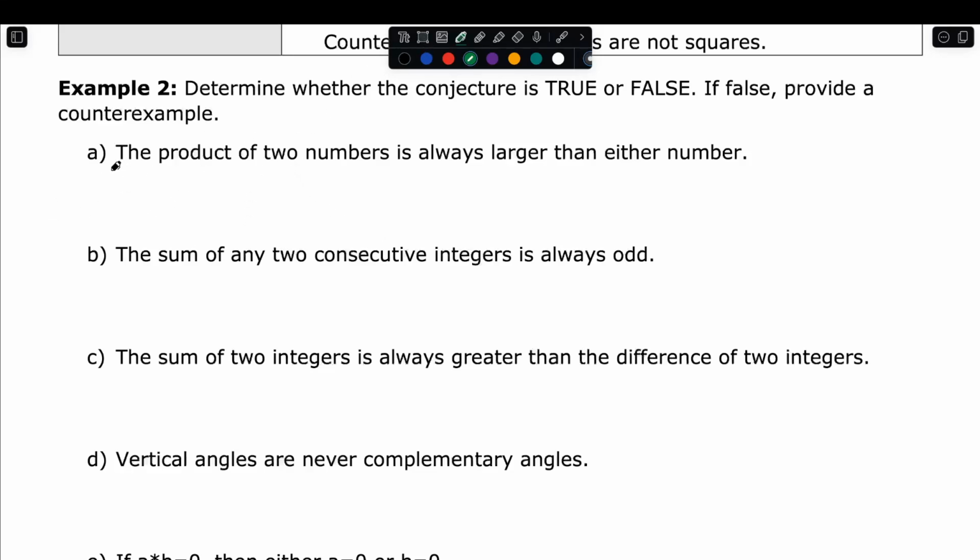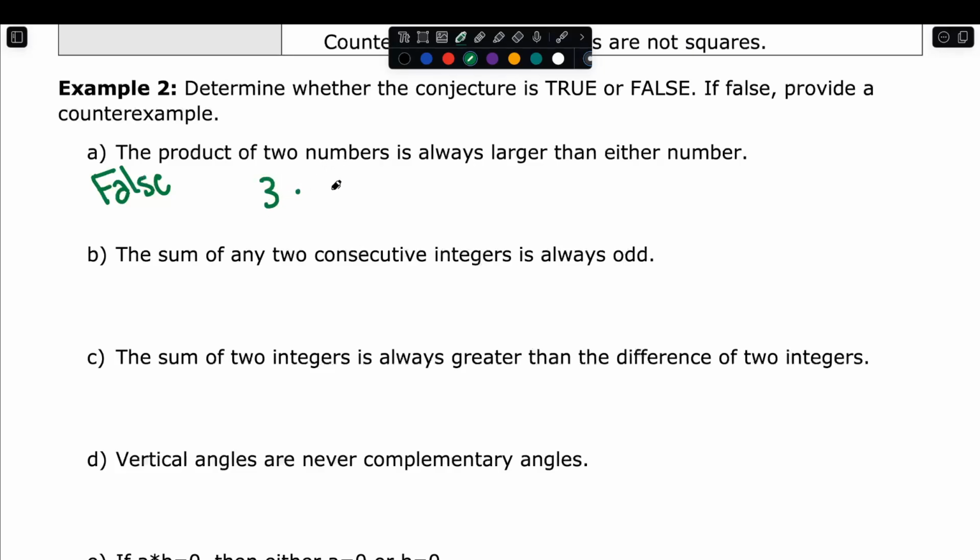This is a false statement. Now, I have to prove that this is false. So I'm going to give a counterexample of this statement. First of all, I've got to have 2 numbers, and it's the product.